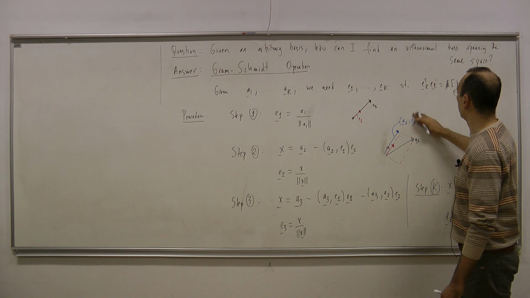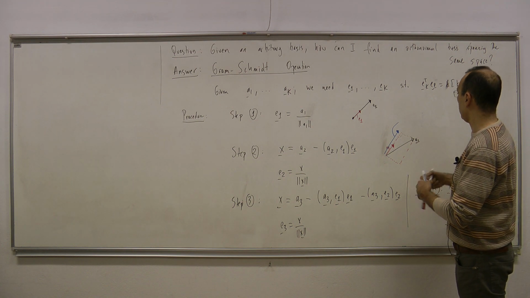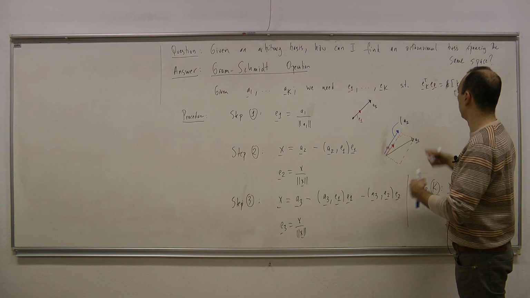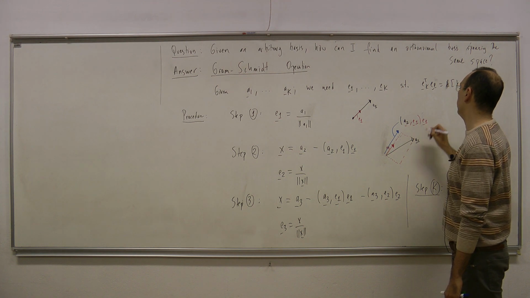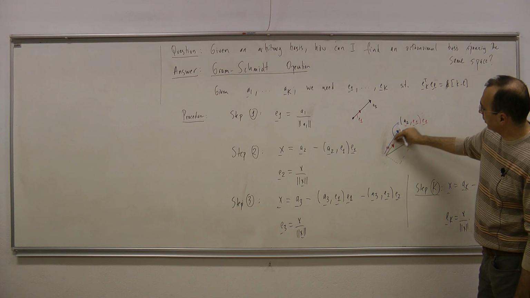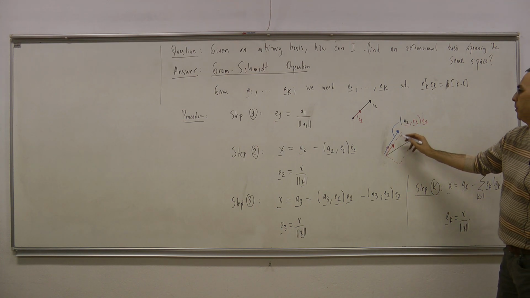So I'm projecting over. Let me write better. So this is A2, E1, and E1. Okay. So the black vector is first projected along this line. As we have done this, this becomes that.